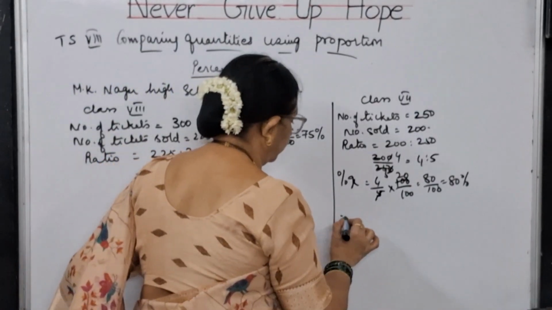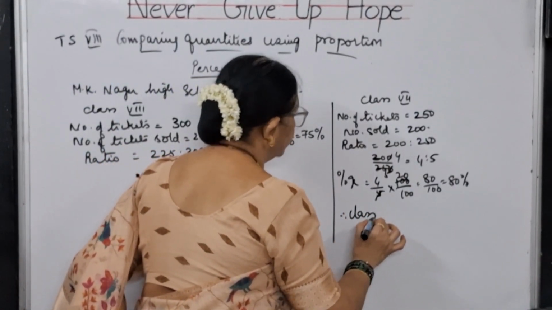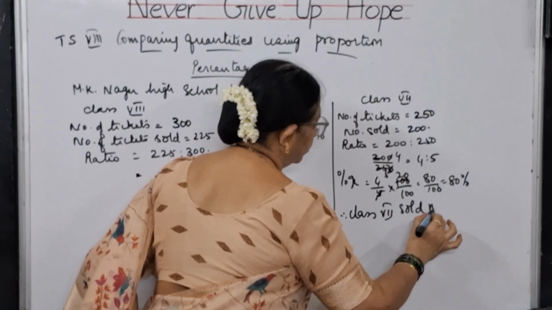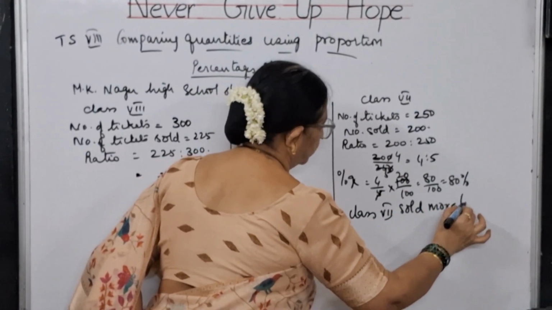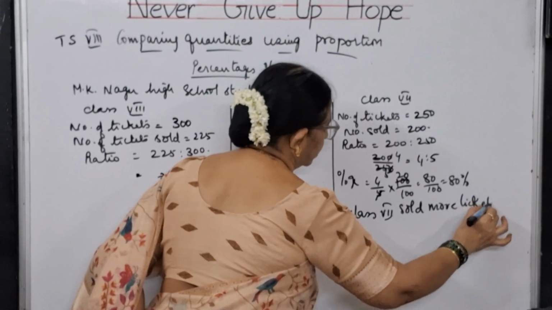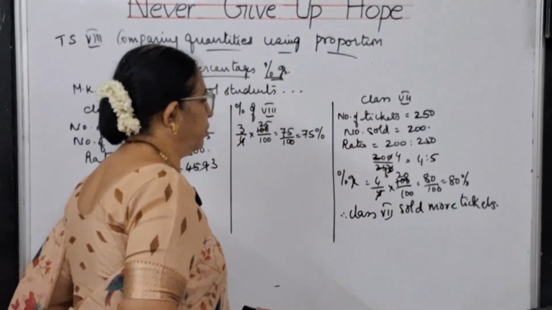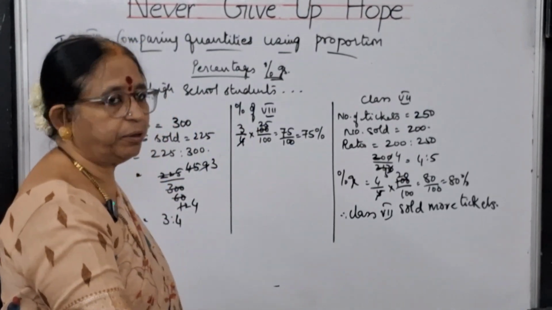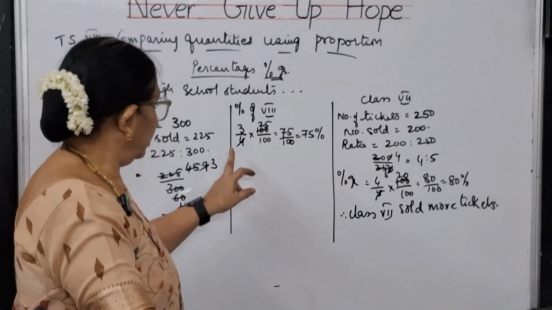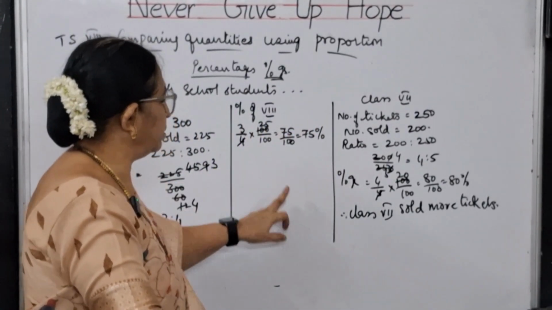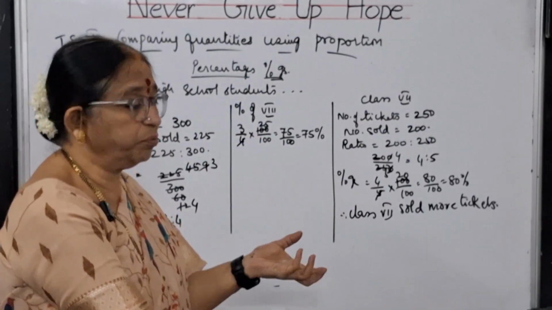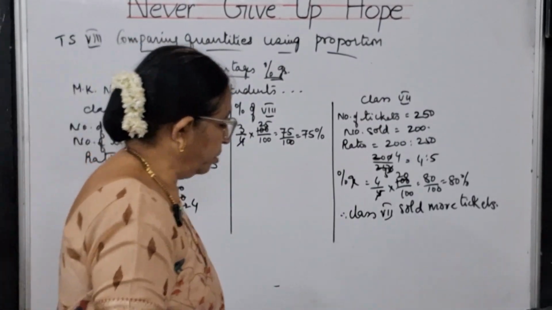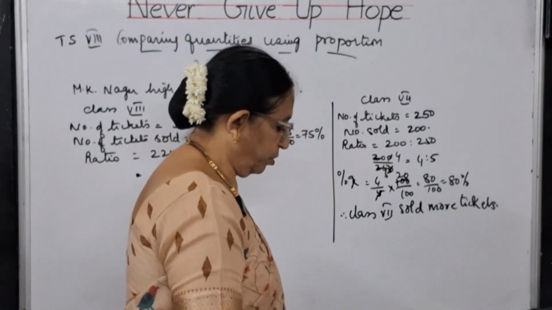We can say that, therefore class 7 sold more tickets. So you can get the comparison in this way. If you want to do percentage, the ratio should be multiplied by 100 by 100 and simplified, and you will be getting percentage. Percentage means any number divided by 100 is the percentage. So I hope I am clear, children. Please note it down.